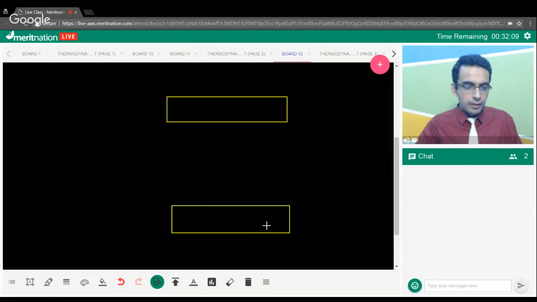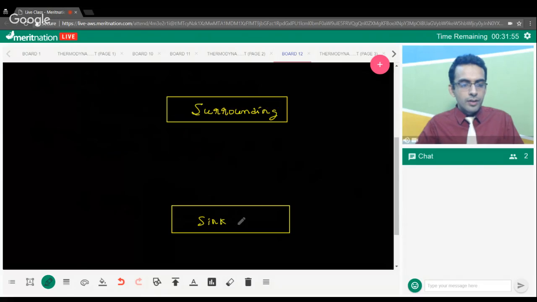This is a sink, and you can say it's sink or whatever. It's always at low temperature, right? So this is the refrigerator in the middle.